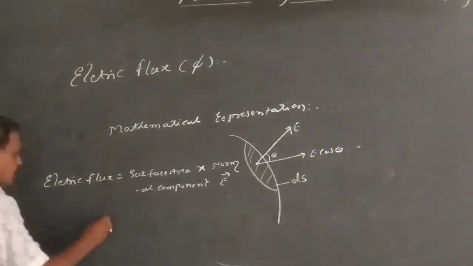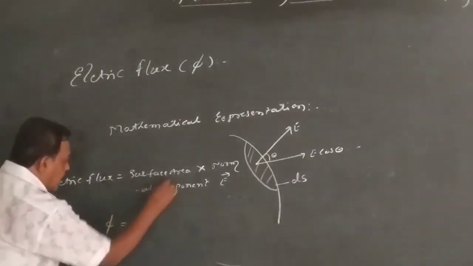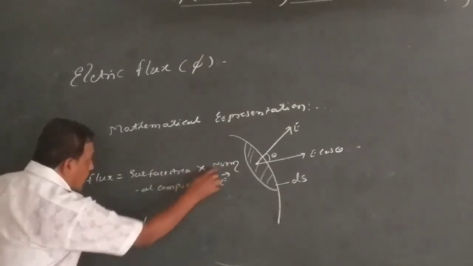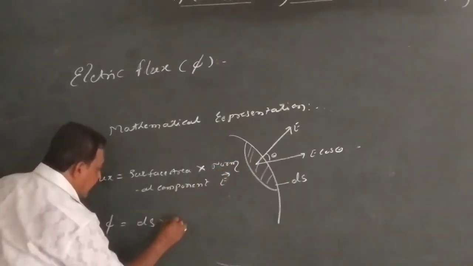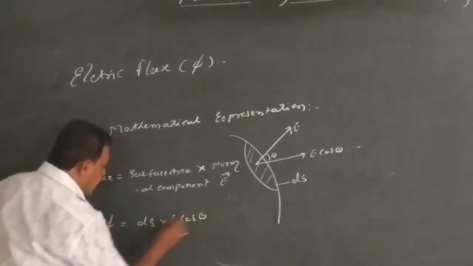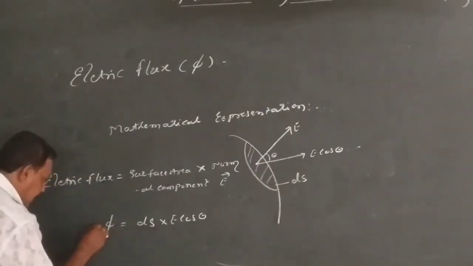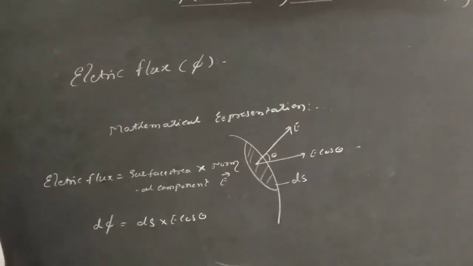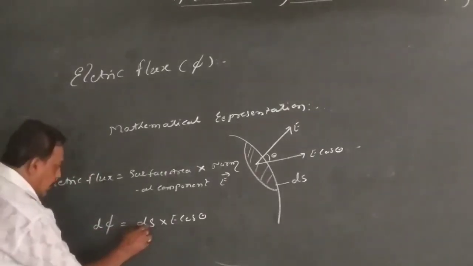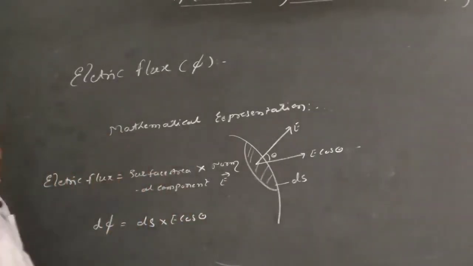So electric flux phi equals, what is the surface area? ds. What is the normal component? E cos theta. Because of this small surface area ds, there is a small number of electric lines of forces, d phi. Hence d phi equals ds into E cos theta.